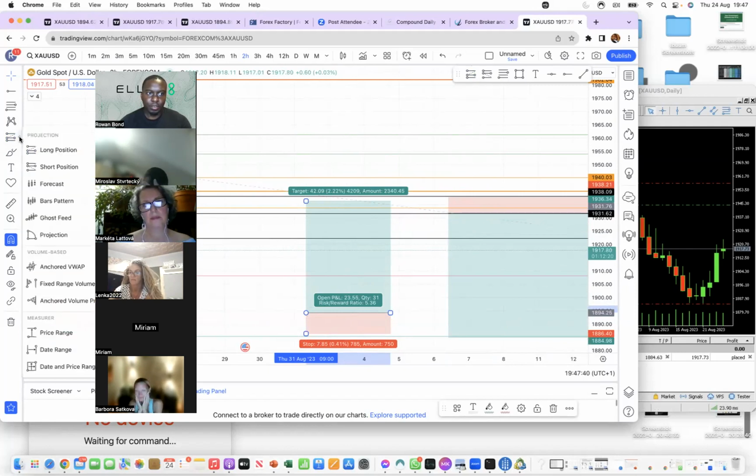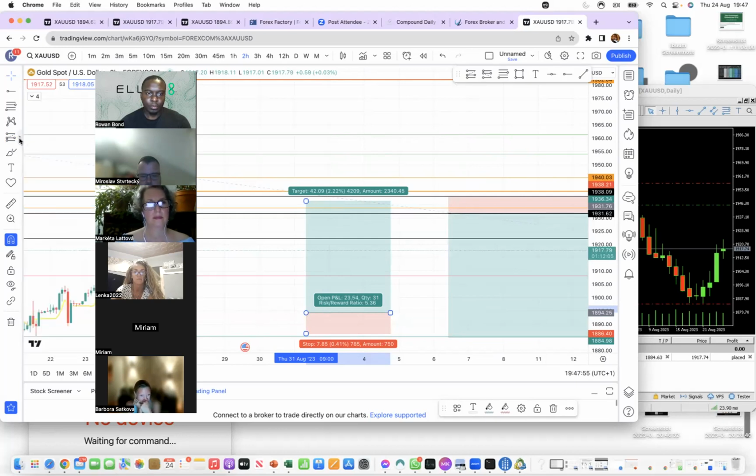And you find them here, where it shows long and short position. So long is buy, short is sell. Okay.